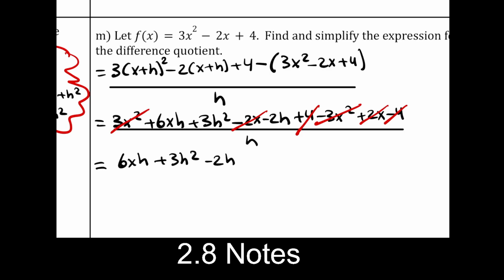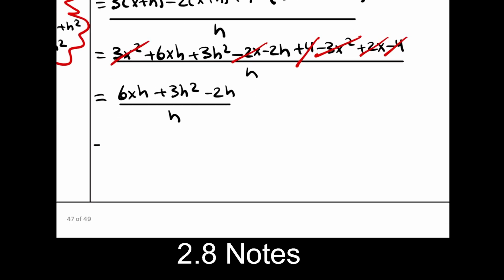And the bottom, we still have our h. And now there is an h in every single term, so we can cancel one h. And we end up with 6x plus 3h minus 2, which is our difference quotient.